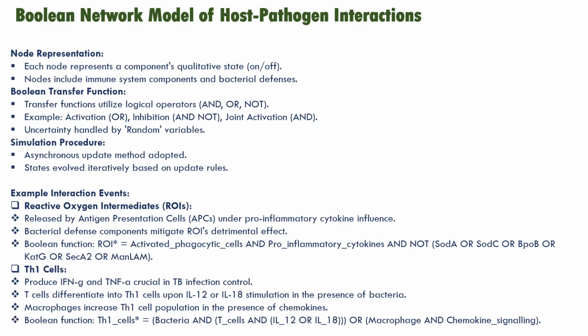So your Boolean function for this Th cell looks something like this: Th1 cell star equal to bacteria and Th cell and either IL-12 or IL-18, and either this whole or macrophage and chemokines. I just wanted to show you how these Boolean functions are written and executed.